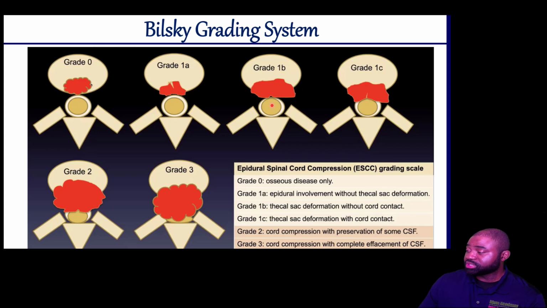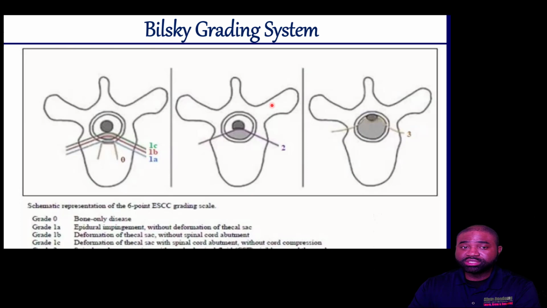It is a dose limiting organ that typically limits how much we can escalate the dose to the target. We will look at this a little bit more in detail.